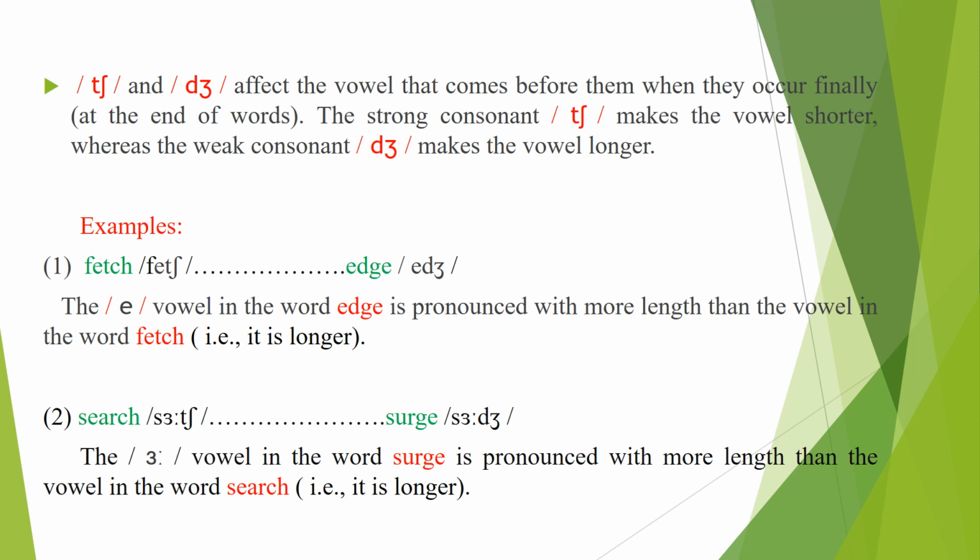The vowel e in the word edge is longer than the vowel e in the word fetch. Therefore, we pronounce them as follows: fetch, edge, fetch, edge. Again, in example number 2, the vowel in the word surge is longer than the vowel in the word search. So we pronounce them as search, surge, search, surge.